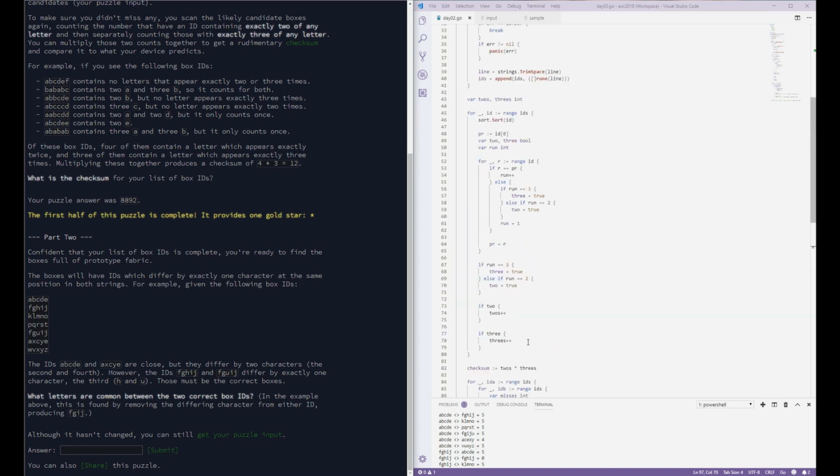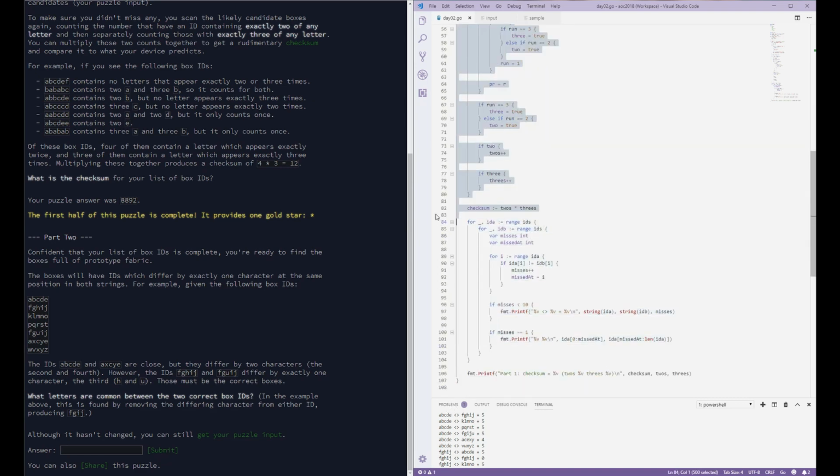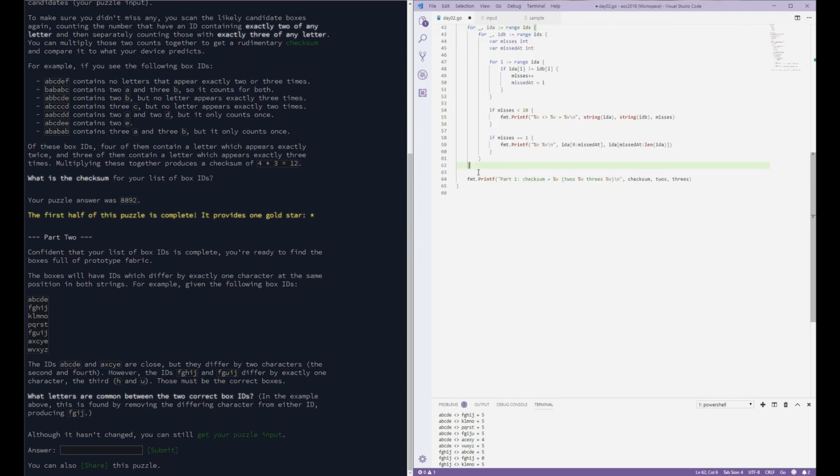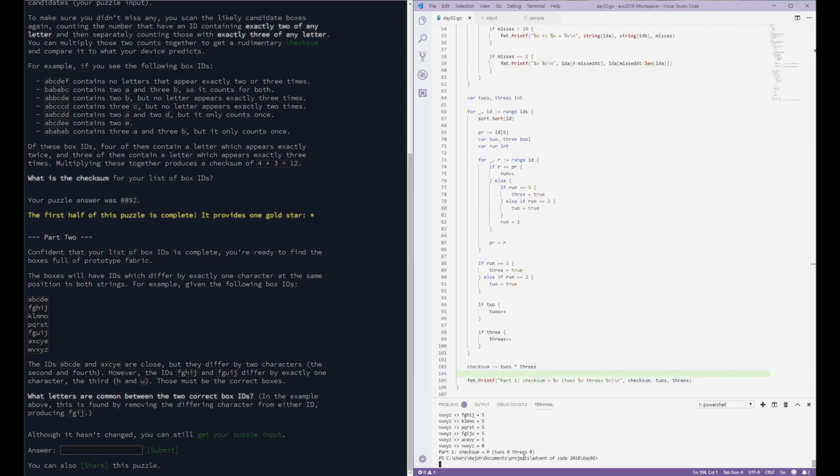Okay, because I sorted them, let's just swap these around. Okay, boom, there it is. FGIJ, FG, yes, okay, let's remove that.